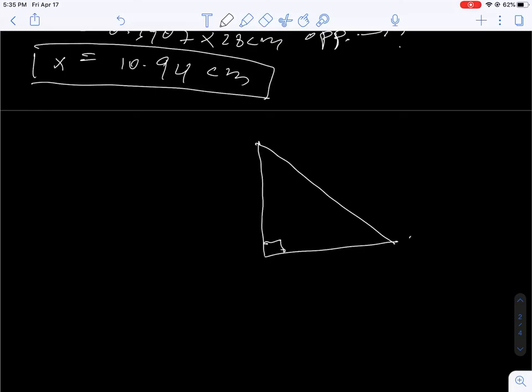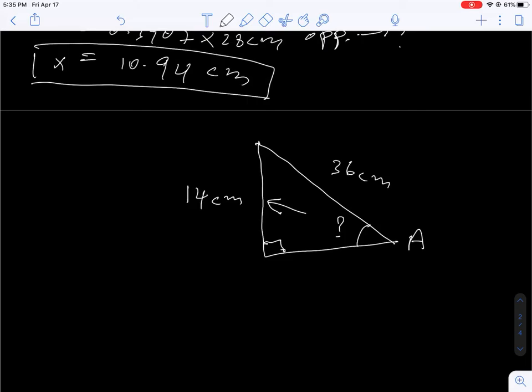We're asked to find this angle A. And if you are using sine ratio, then opposite and hypotenuse should be given. So this is the opposite side length, and let's say this is equal to 14 centimeters, and hypotenuse is 36 centimeters.